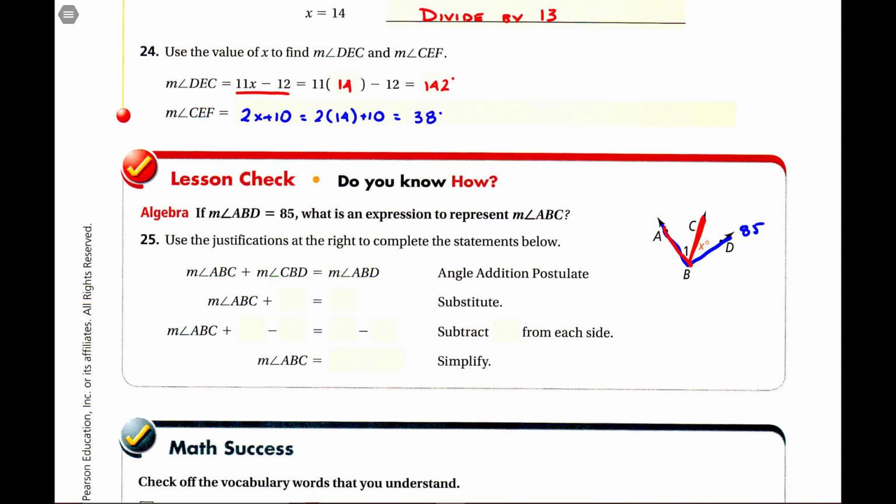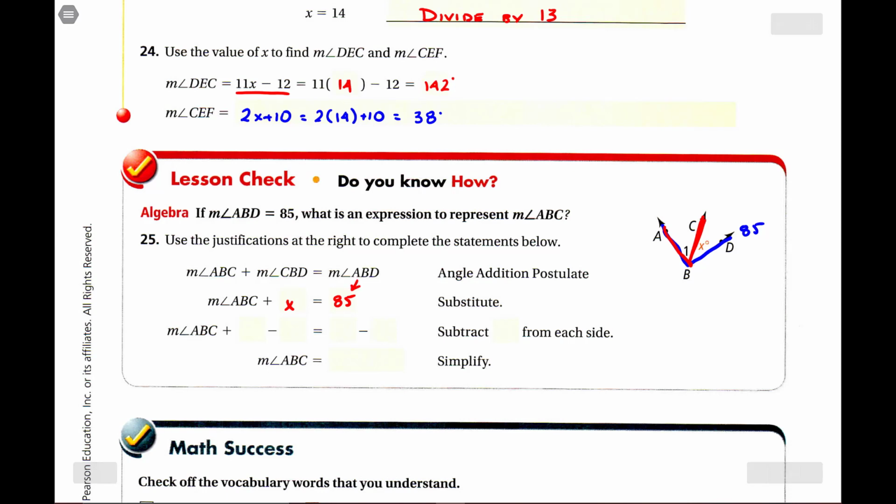First of all, we have that ABC plus CBD is equal to ABD. That's from the angle addition postulate. We're adding those two interior angles. The measure of angle ABC plus X is equal to 85. We're given that ABD is 85, so we're just substituting that in.